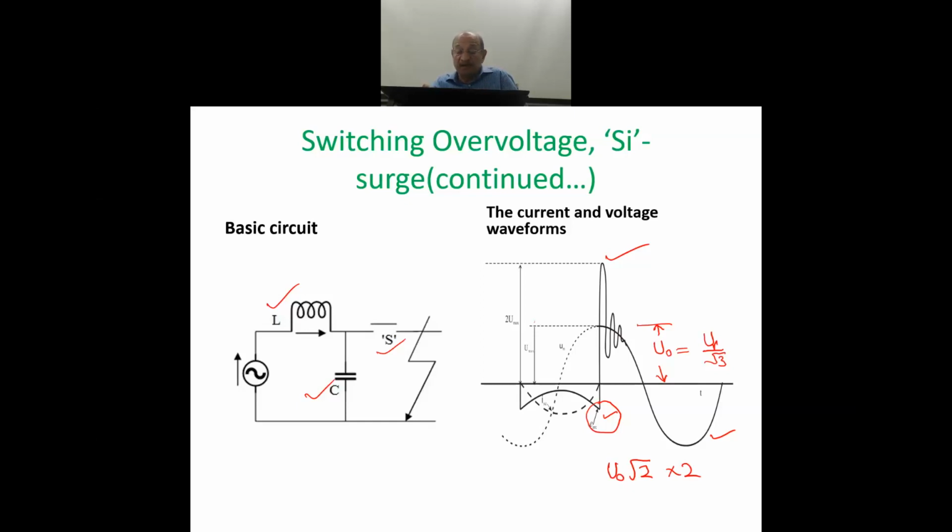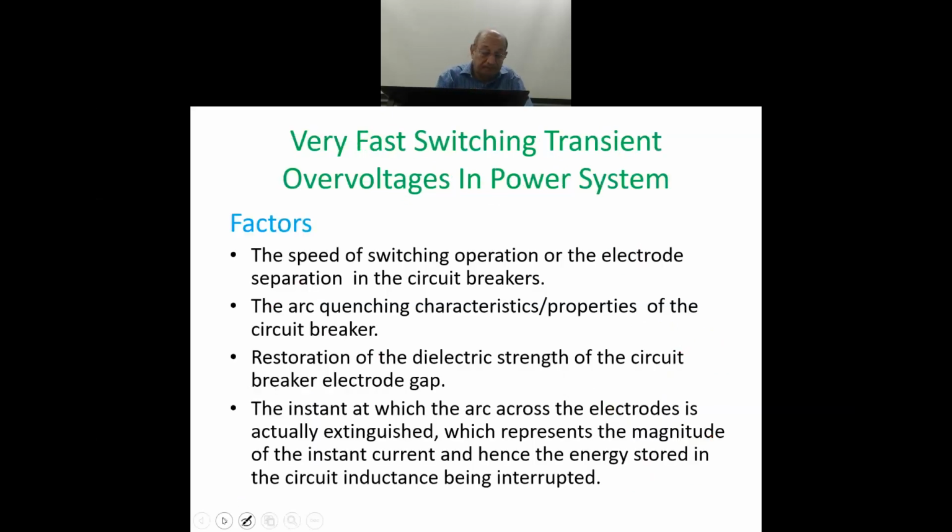and it could be even more than that if the current is not opened under the condition of zero passing through, when it is passing through zero. Okay, I'll explain in brief.